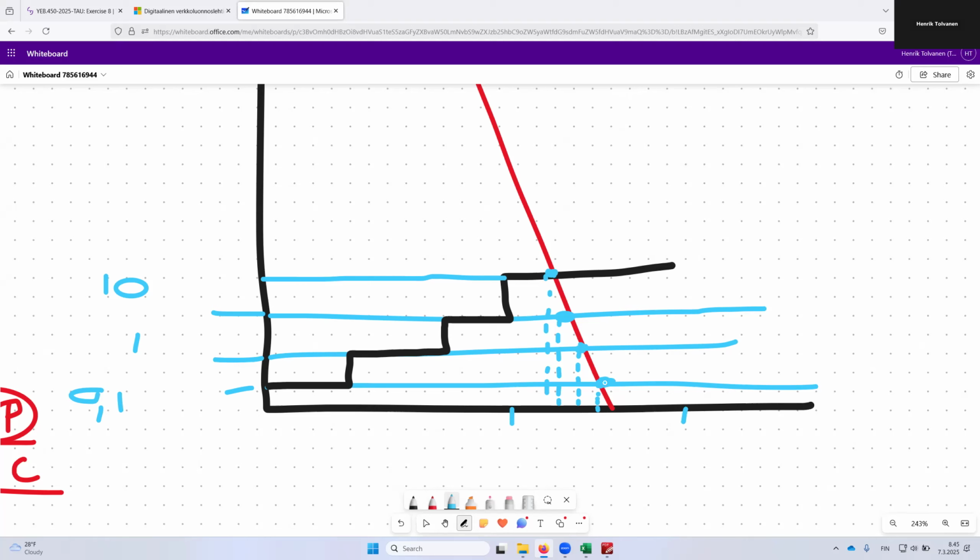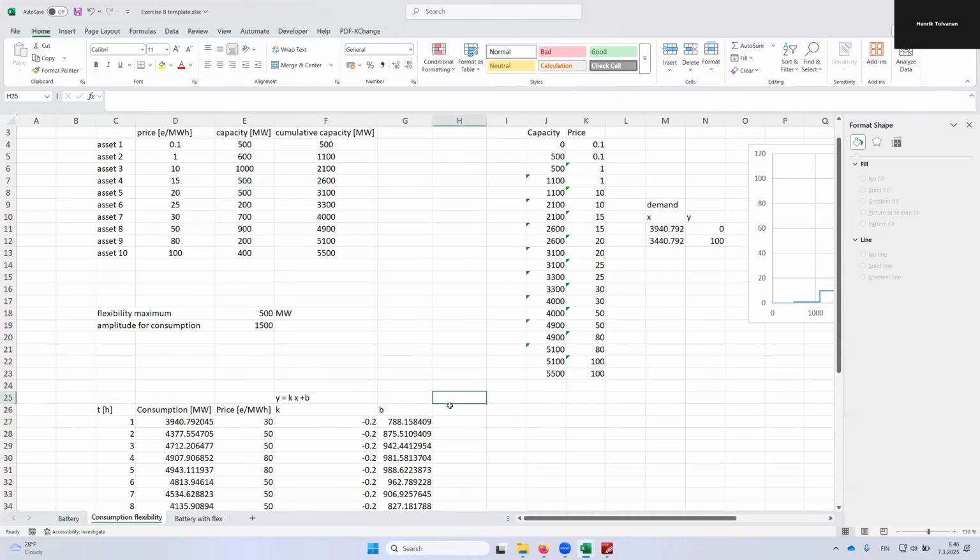So for example, this point doesn't fall into this range. So we're after all of these ones. So let's put a transpose of those prices. So that is going to be kind of our tag. And what we are after is just the intersection point.